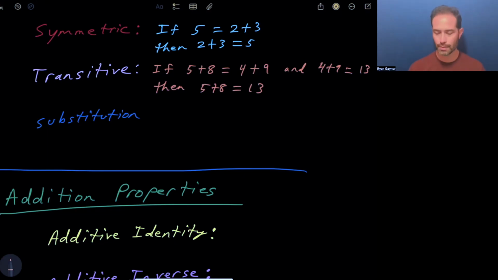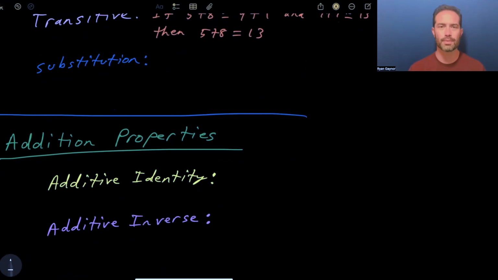All right, next up we have substitution property of equality. A quantity may be substituted for its equal in any expression. Okay, so what does that mean? Well, that means that if I say something like x equals 4, and then I give you the expression, let's say the expression is 6x.